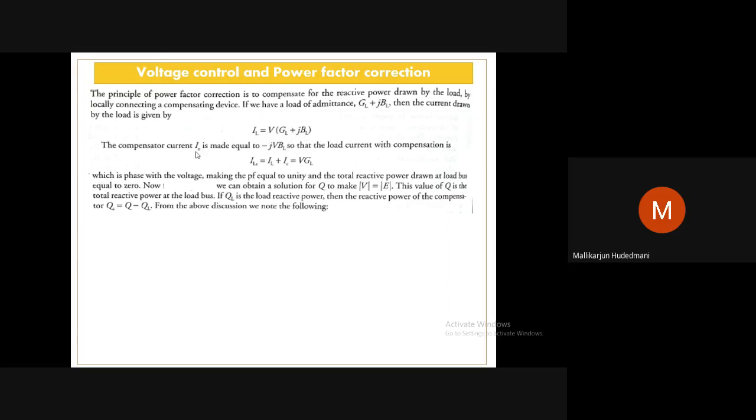So therefore, I can say the compensator current IC is made equal to minus jVBL, so that the load current with the compensation, with the removal of this reactive term, becomes the load current plus the compensator current which is injected. Totally it becomes V into GL.